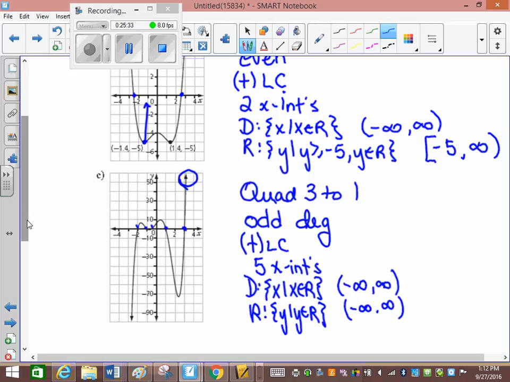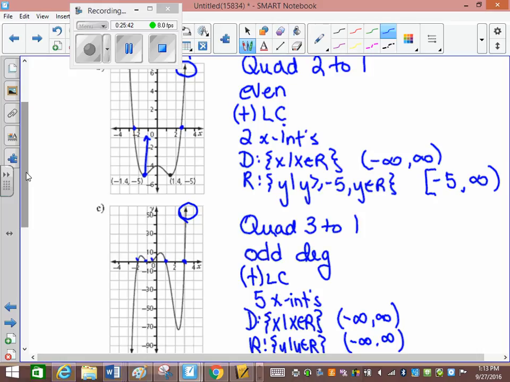As an aside, what's the constant of this equation? What's the constant of this one up here? What's another word for constant? Whenever you read constant, what should you think? Yes. So when you see constant for polynomials, you should think y-intercept.